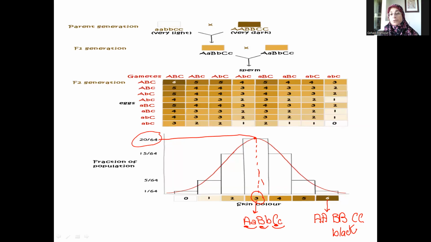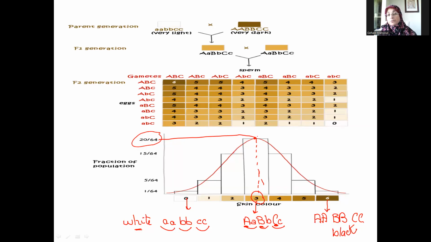When you have only 3 dominant alleles, this means that you have a mulatto skin color. And if you have 0 dominant alleles, this means that all your alleles are recessive. The 6 alleles on the 3 pairs are recessive, and this indicates that you are white-skinned.